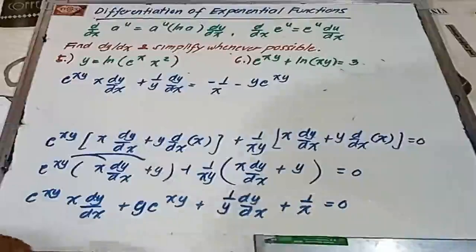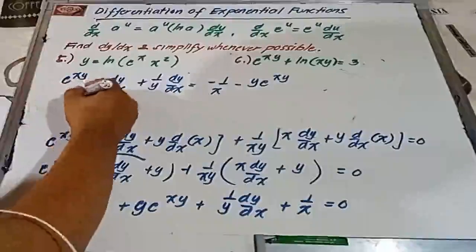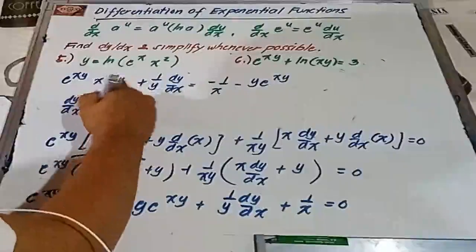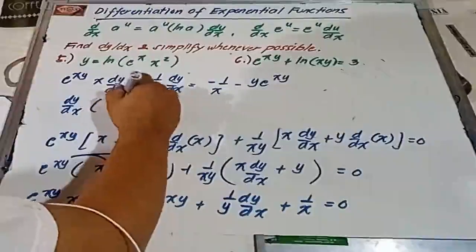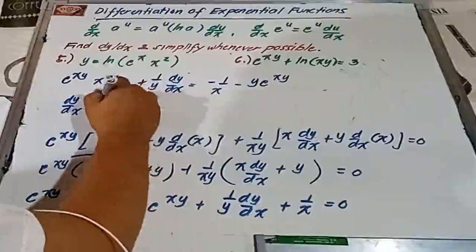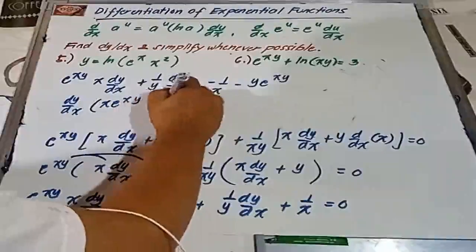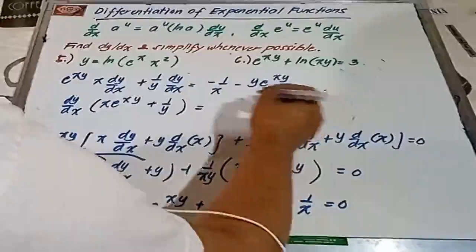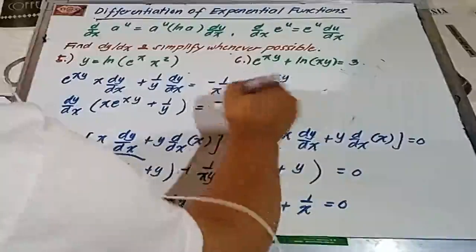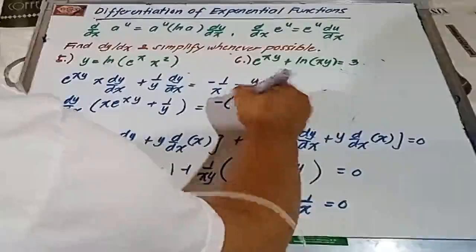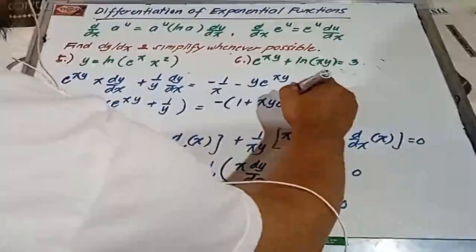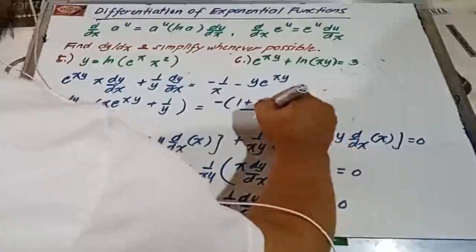Okay? And then, factor natin si dy over dx. So, we have dy over dx is equal to e to the xy times x plus 1 over y. Equal to LCD natin, then factor natin si negative sign, negative 1 plus xy e to the xy over x.